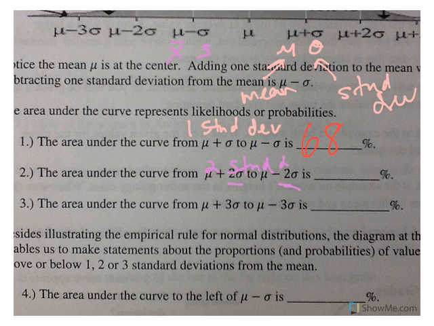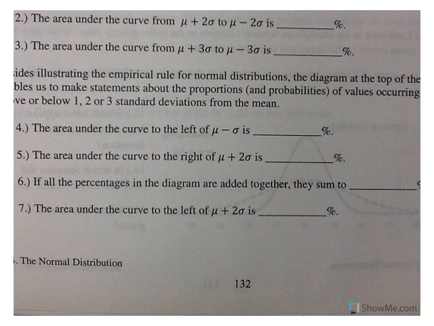And if sigma represents standard deviation, we're going 2 in both directions. So that would give me 95%. And then question number 3, this 3 sigma would be 3 standard deviations, and that would be 99.7%. So the empirical rule gives us an opportunity to estimate where our data lies.